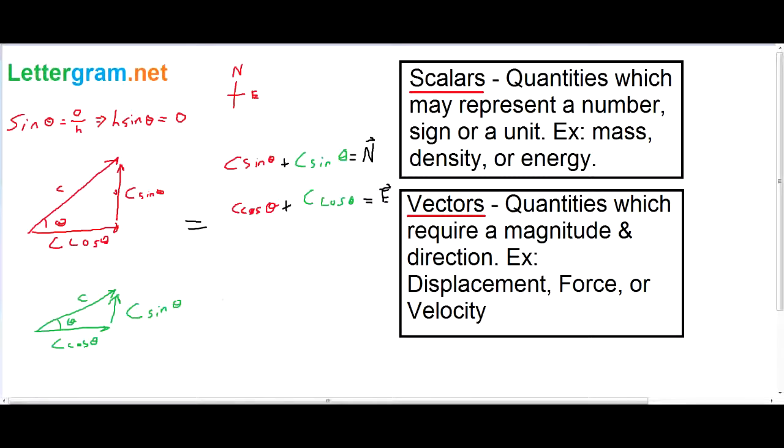Now the way I get this new vector, which would be those two added together, is I act like these are two new vectors: I take the north vector squared plus the east vector squared, take the square root, and this will equal our new C vector, which is actually what we're looking for.